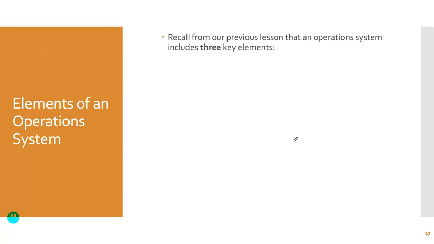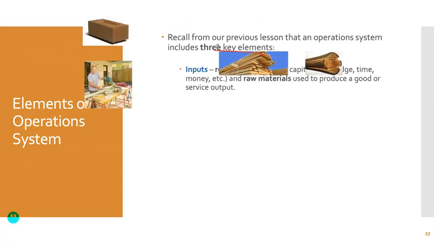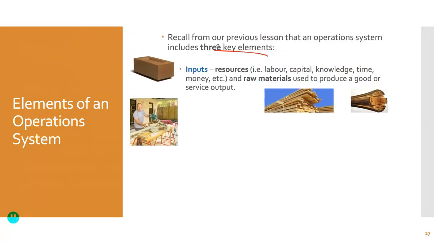Let's recall what we mean by an element of an operation system and what we mean by operations management and operation systems. If you recall from previous videos, operation systems have three key elements. We have inputs, which are the resources, including labor, capital, knowledge, time, money, and the raw materials used to produce a good or service.